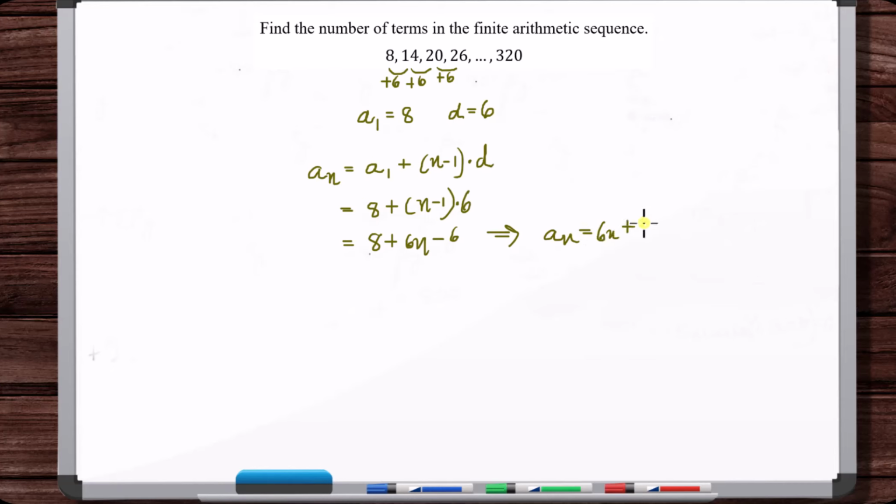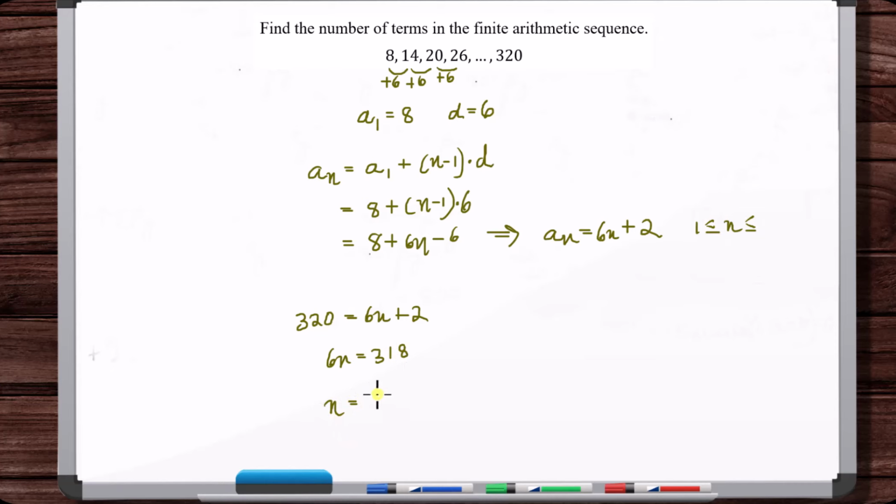So we've got A sub n is equal to 6n plus 2. And this goes from n equals 1 to, and we're trying to find this term. How can we figure that out? We just say, when A sub n is equal to 320, what is n equal to? Just plug in 320 and solve for n, and that would be the number of this term. 6n plus 2 equals 320, so 6n is equal to 318.